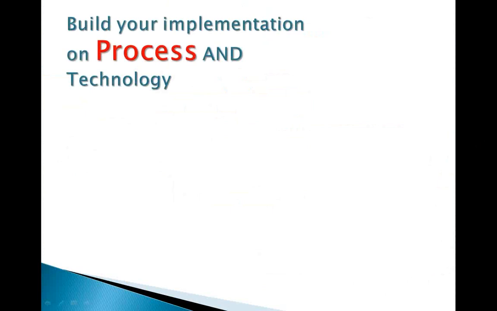If you're not careful, your implementation will be outdated before it's done. So what you want to do is build your implementation around processes. Then you can adjust to new technologies. This is one of the first key steps in getting a good implementation together: developing good processes, and then you can adjust your technology.